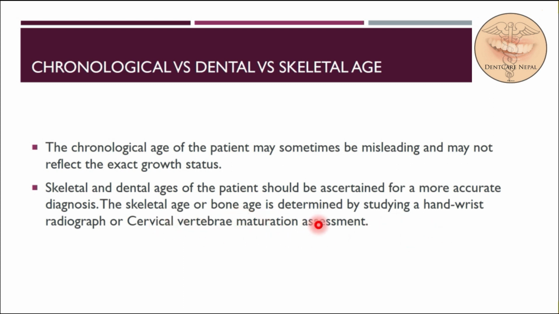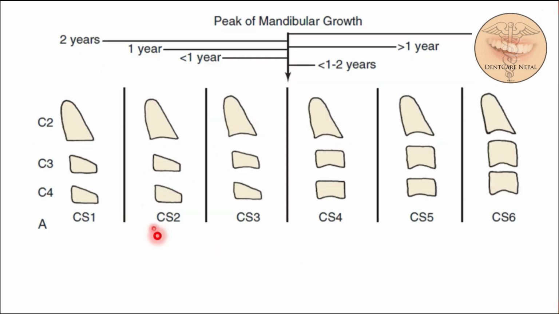Skeletal age or bone age is determined by studying either a hand-wrist radiograph or cervical vertebrae maturation assessment. According to cervical vertebrae maturation, there are stages CS1 to CS6, and peak mandibular growth occurs between cervical stages 3 and 4.